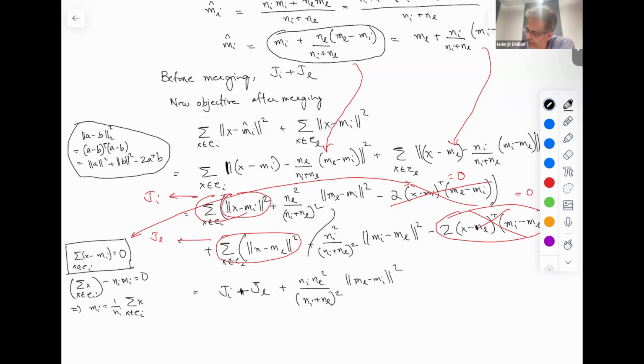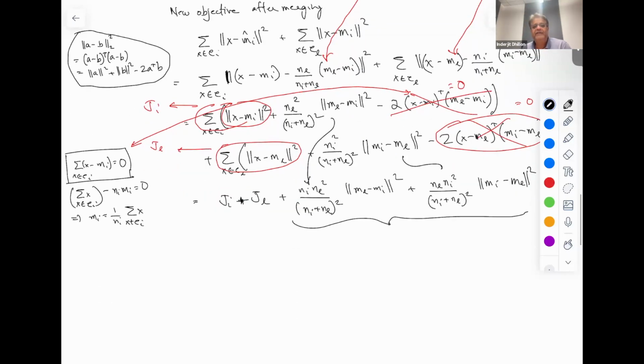So that's this term. And then this term will give us Nl Ni squared divided by (Ni plus Nl) squared times (Mi minus Ml) squared. If I look at this, it has this in common.